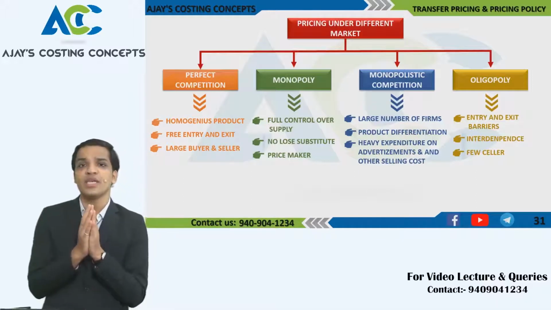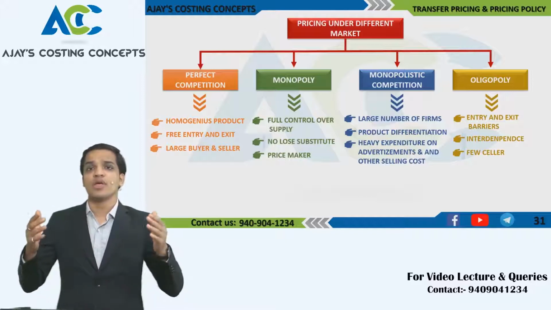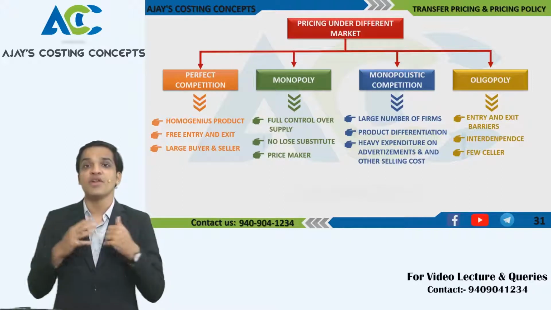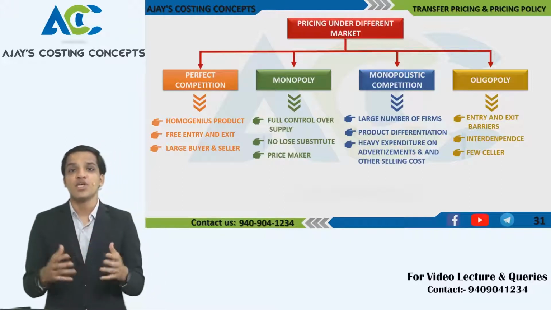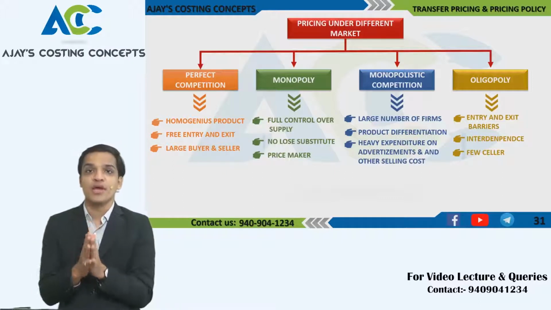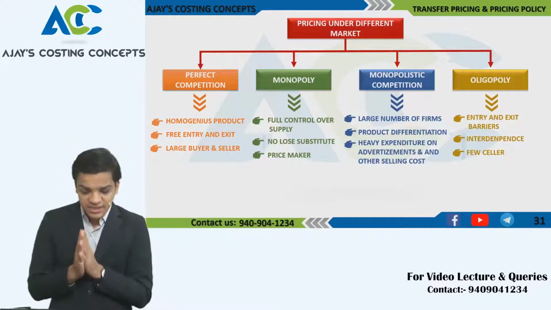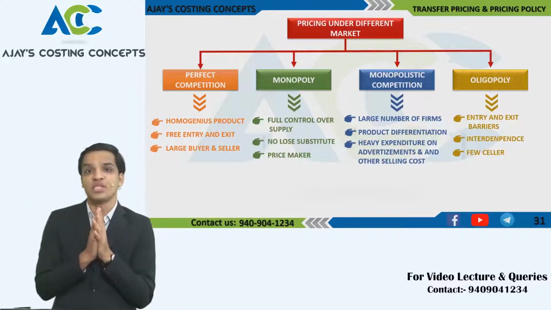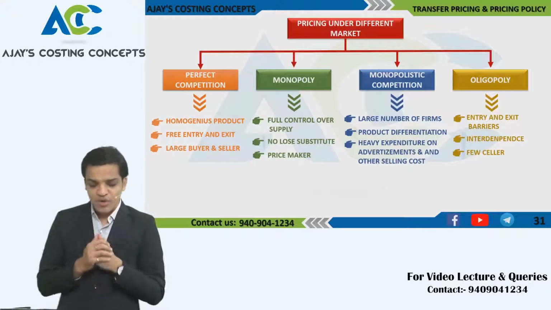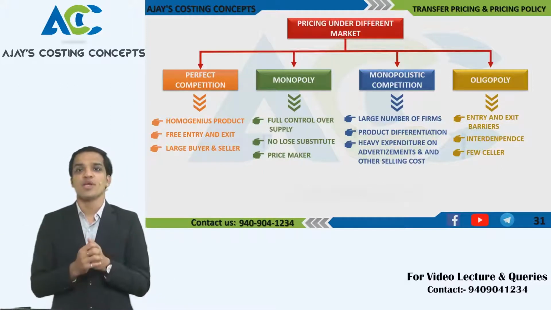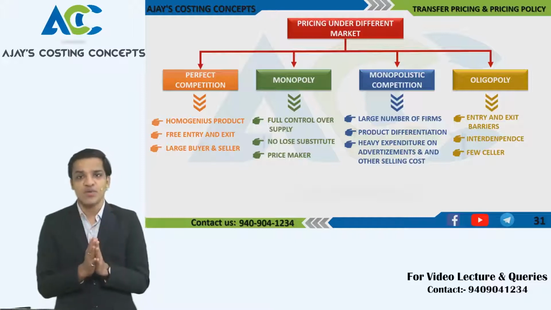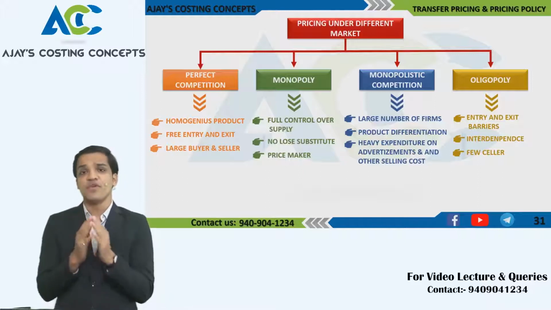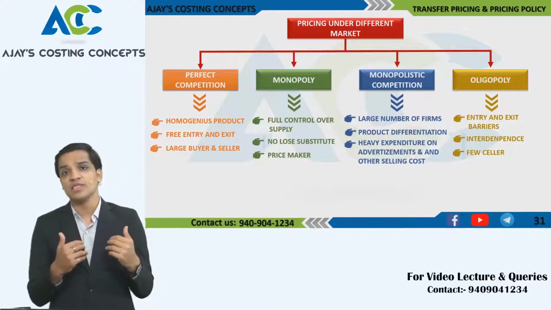Your products are different, but they serve the same purpose for customers, so you need to make the customer aware of your product, which is different from other products. That is why these differentiated products are considered under the monopolistic competition market. There are a large number of firms in this market, with huge expenditure.